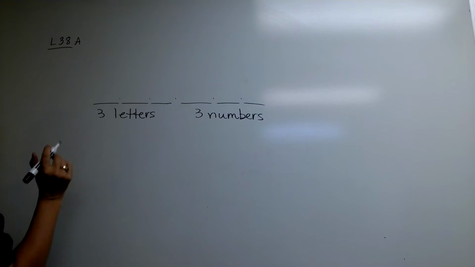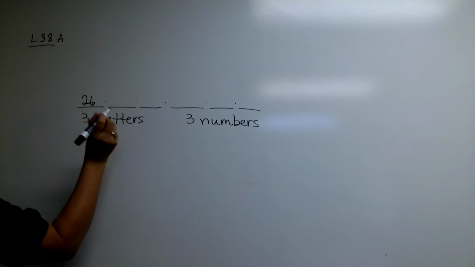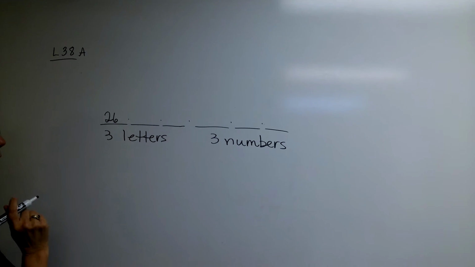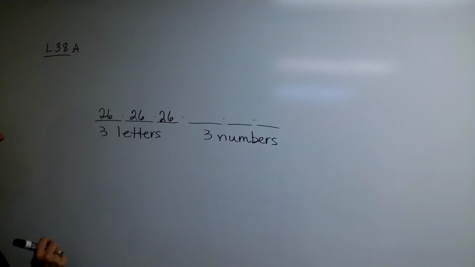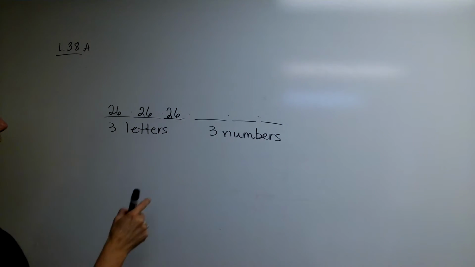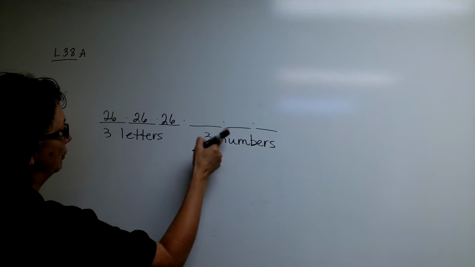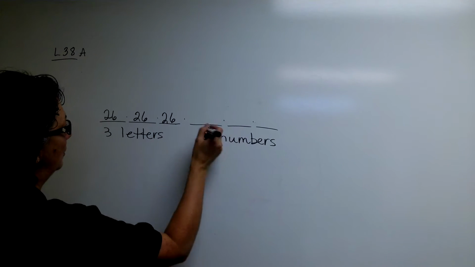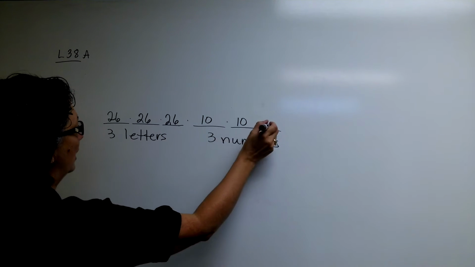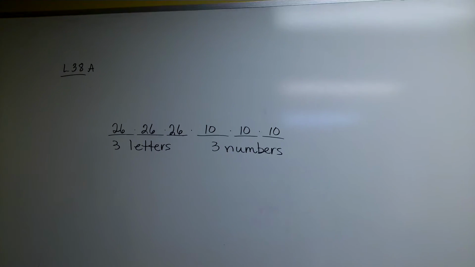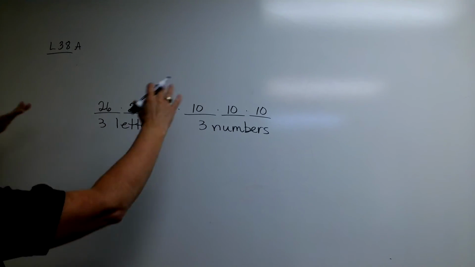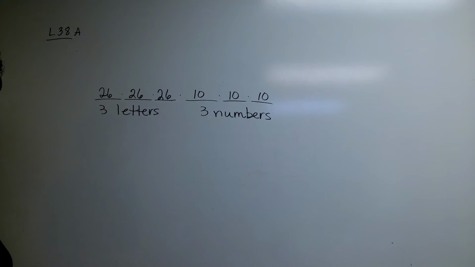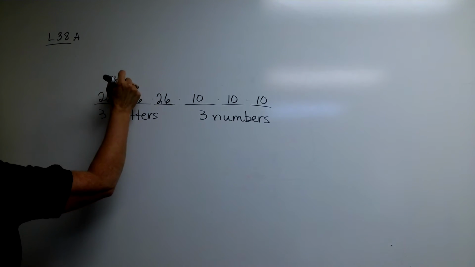So it could be AAA. I have 26 letters in the alphabet, so there's 26 choices for that first spot, 26 choices for the second spot, 26 choices for the third spot. We have 10 digits, 0 through 9. If I'm doing 3 numbers, 10 possibilities on each one of those spots. That says I can repeat, and if I multiply all that out, that's basically how many car tags we could produce in the state. This is repeating.